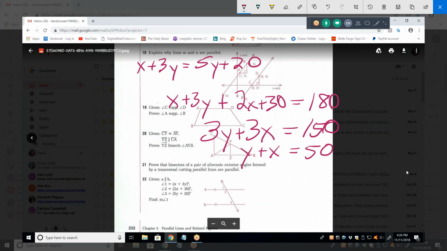And let's see, that was what? That was angle 1 and angle 2. So we're going to use that as our second equation. So let's get rid of all these. And this equation here is, if I bring the y over to the left, I get x minus 2y equals 20.